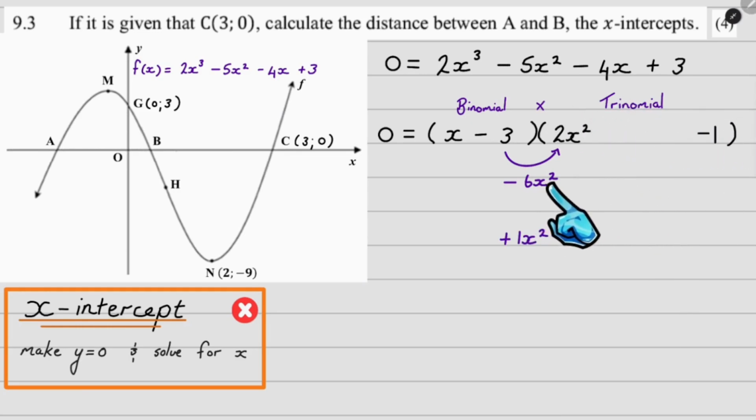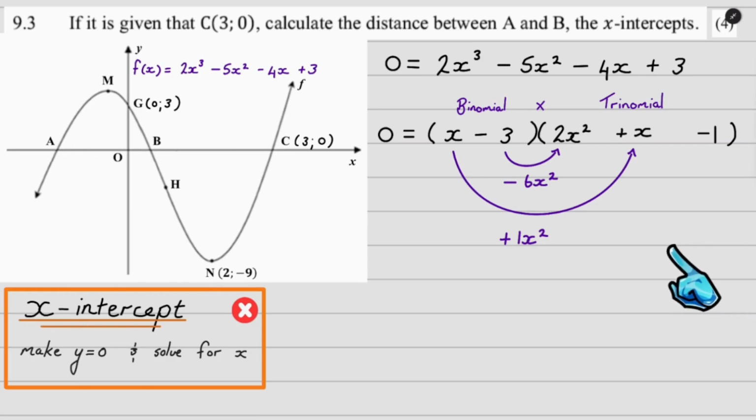So minus 6x squared plus 1x squared will give me the minus 5x squared I'm looking for. So this one times the middle one here needs to give me 1x squared. So then this one will just be plus 1x, or even better, plus x. And now that we've got that, we've officially finished with inspection, and we can start factorizing this trinomial.